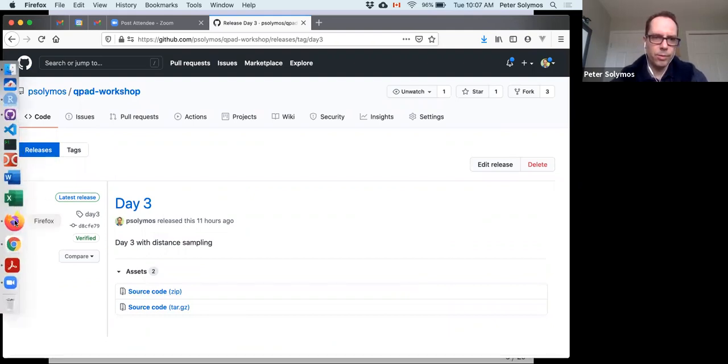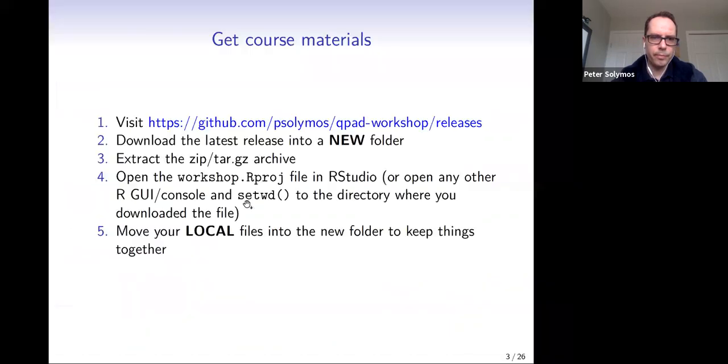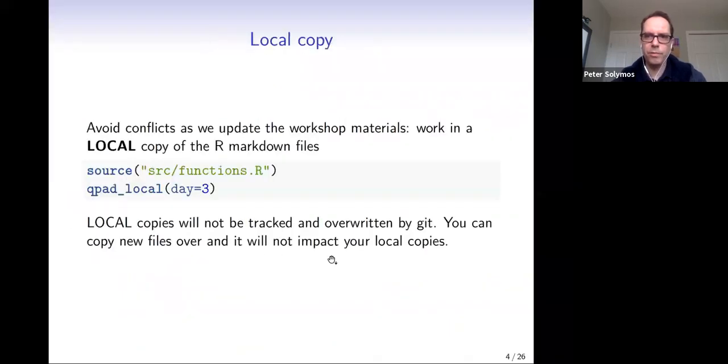So please go ahead and do that. And then of course, you can get your little local file as before, if that's something you'd like to do. Just source the functions.R and type QPAD local day 3. That is going to set everything up for you for the rest of the day.